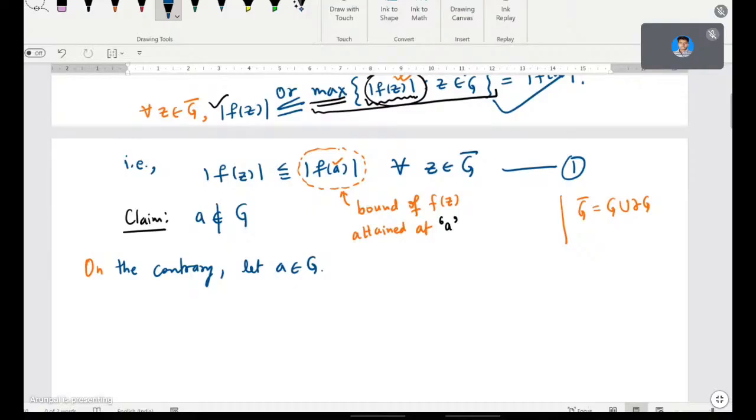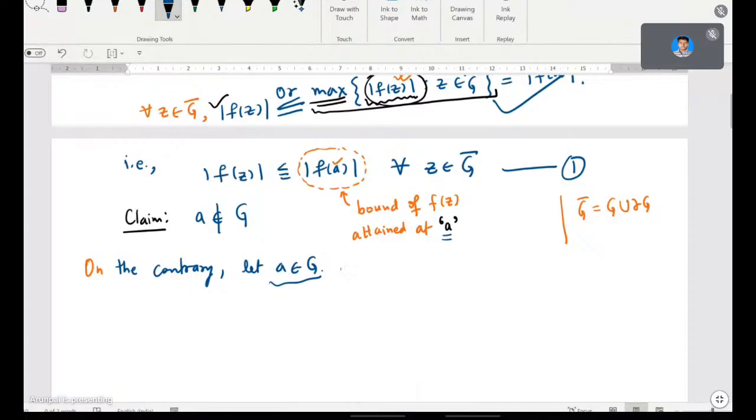So if a is in G, it means what? It means our function is attaining the bound, and the point at which it is attaining the bound is in G.